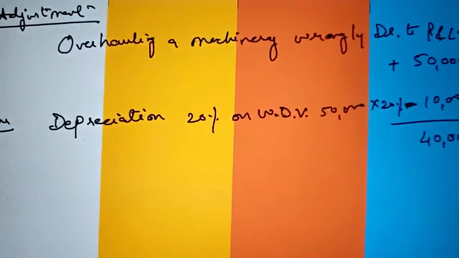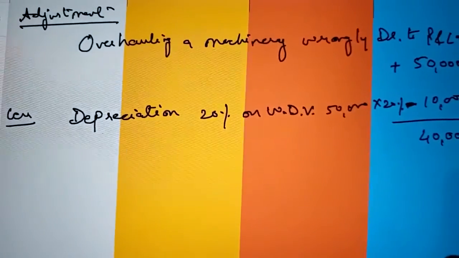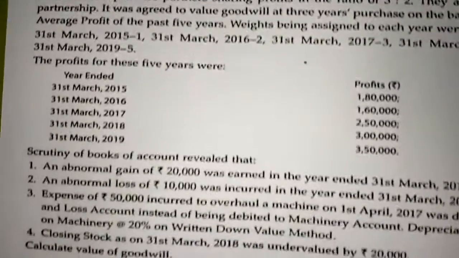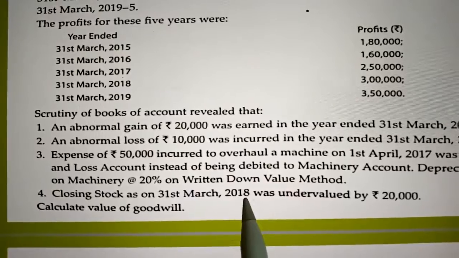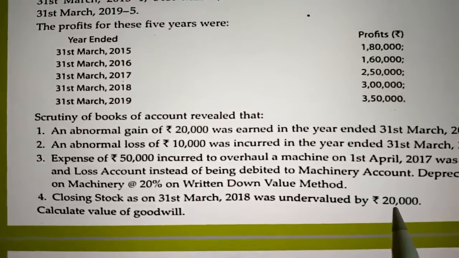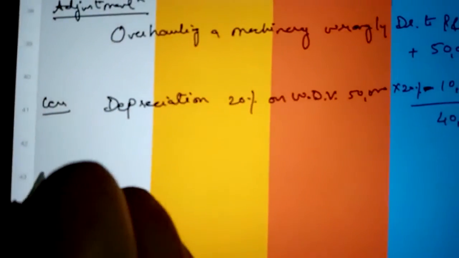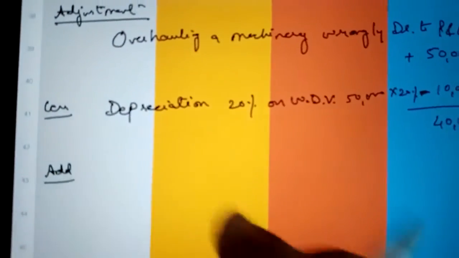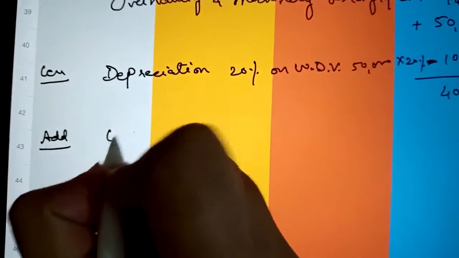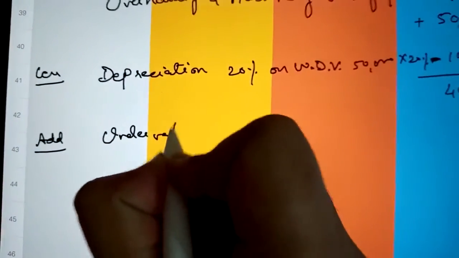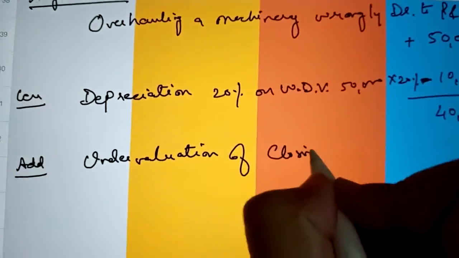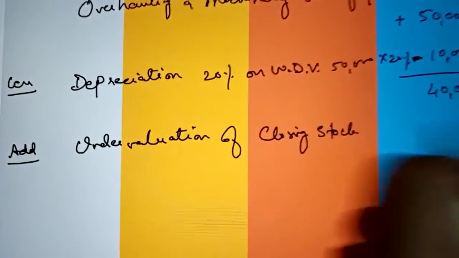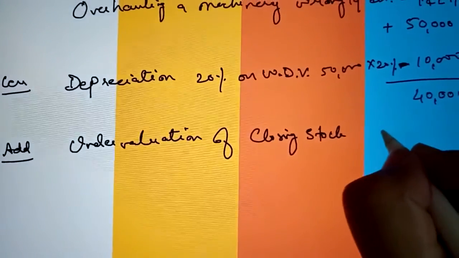And the next adjustment is of closing stock as on 31st March 2018 was undervalued by 20,000. It means profits are shown less, so it should be added back to the profits. That is undervaluation of closing stock is equal to 20,000.